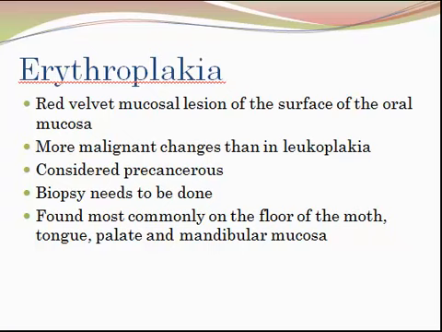They need to do a biopsy because a lot of times it can be difficult to distinguish from an inflammatory or immune reaction, so biopsy is the definitive diagnosis on this. And these are usually found most commonly on the floor of the mouth, the tongue, and the palate and mandibular mucosa.